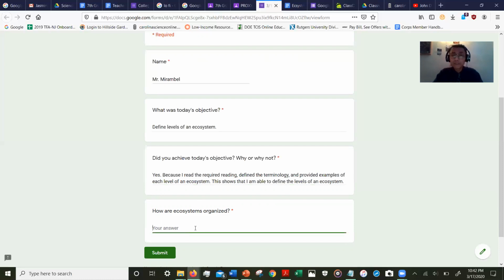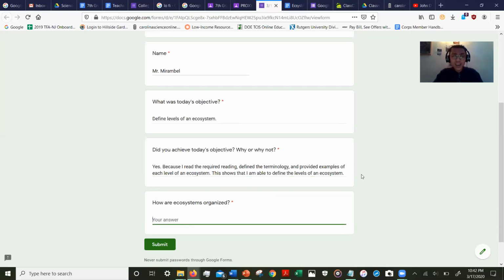Now this is where your focus question comes in. How are ecosystems organized? I not only had you write this in your notebook, but I'm also having you write it down for your exit ticket as a requirement. Make sure you type that in the box where required.